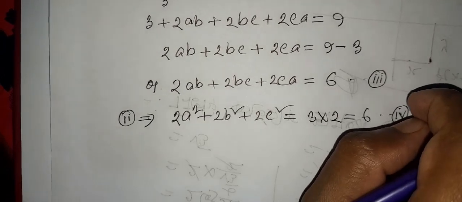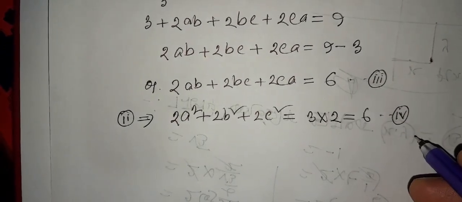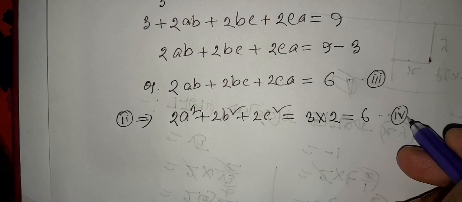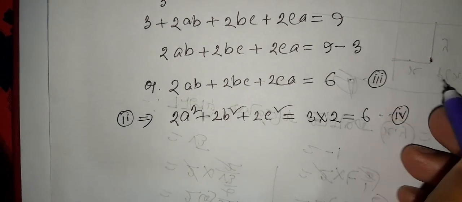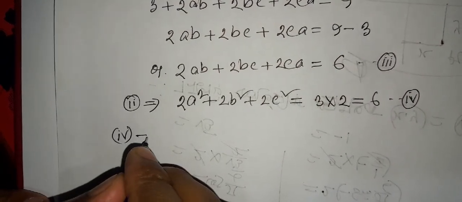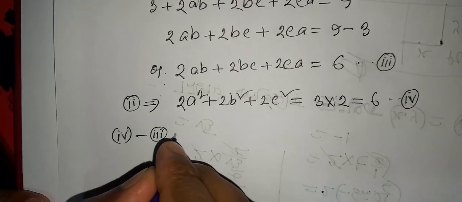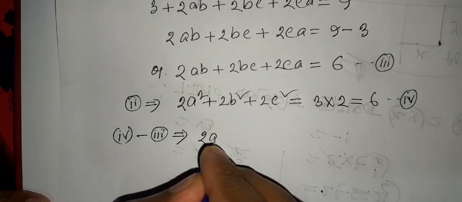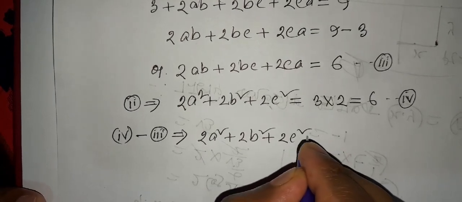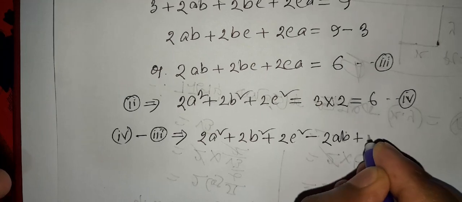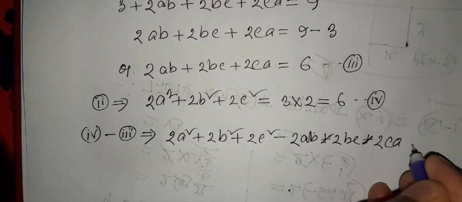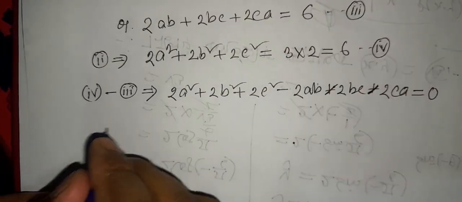Now subtracting equation number 3 from equation number 4, we get 2a square plus 2b square plus 2c square minus 2ab minus 2bc minus 2ca is equal to 0.